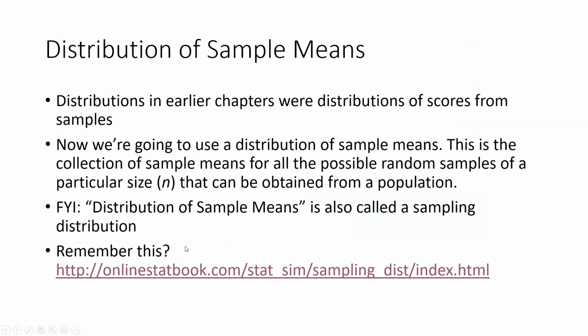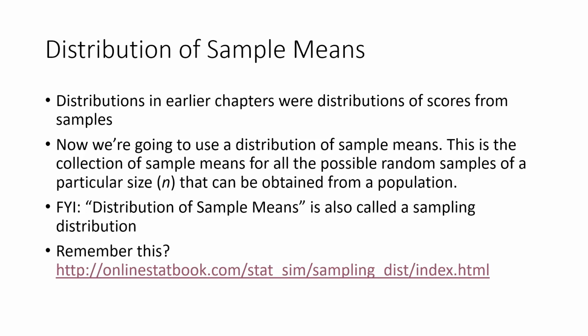Distributions in earlier chapters were distributions of scores from samples or from populations. But now we're going to use a distribution of sample means. This is the collection of sample means for all the possible random samples of a particular size that can be obtained from a population.